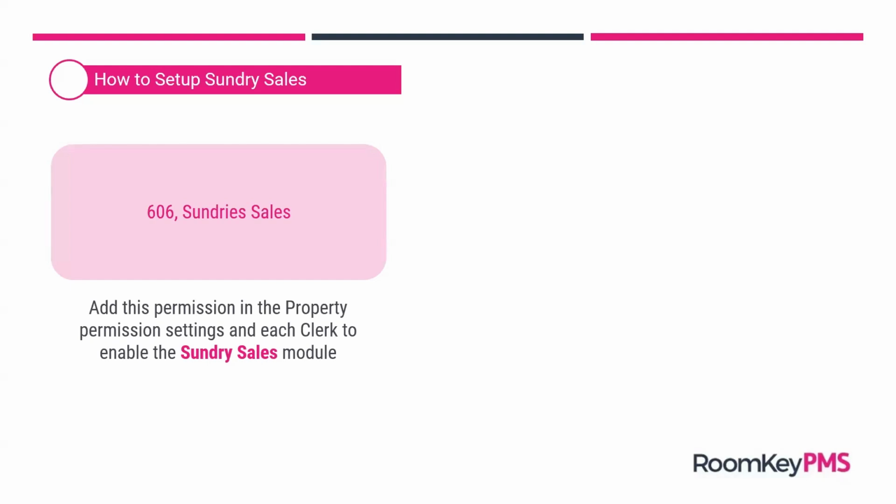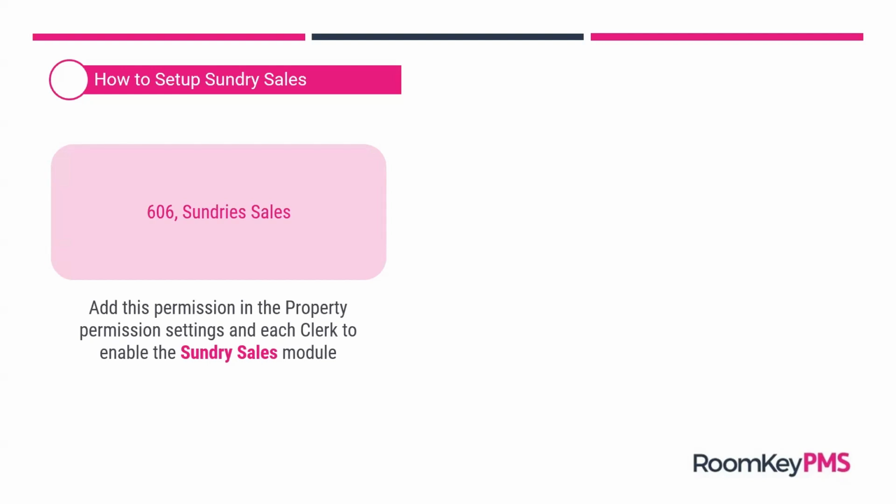This permission is enabled at both the property level, which is found in the property module. So you would set this up as a property permission first to enable it for your database. And you want to make sure that each clerk has access to the Sundry Sales module. So it's the same permission at both the property level and individual clerk IDs. Now, you may already have this enabled in your system.